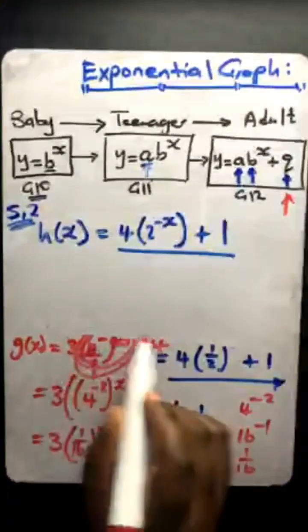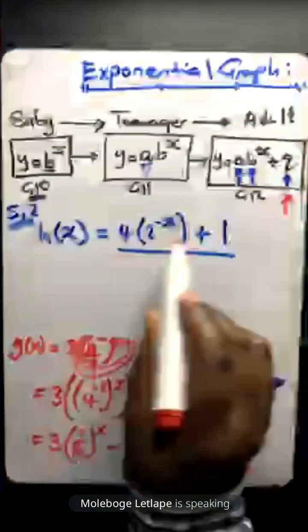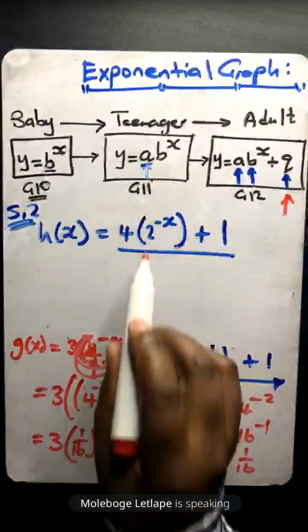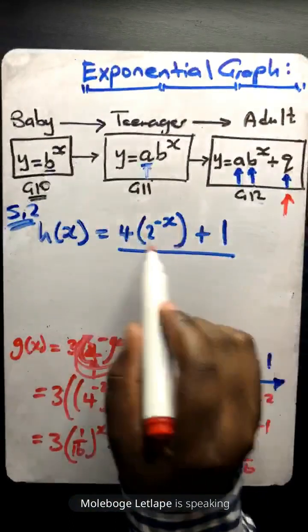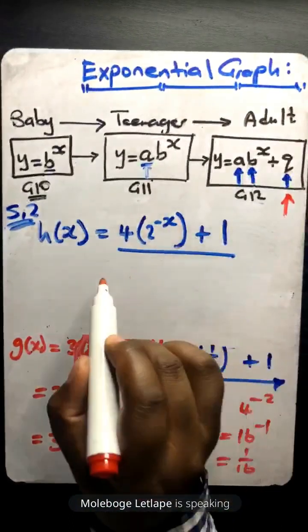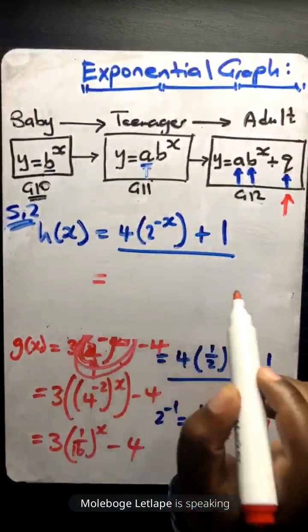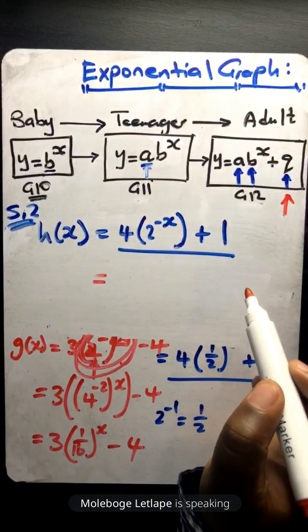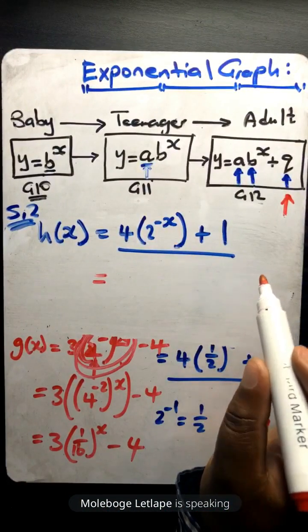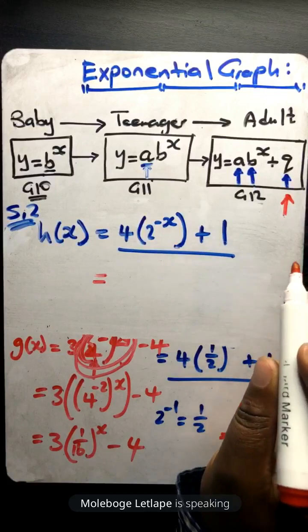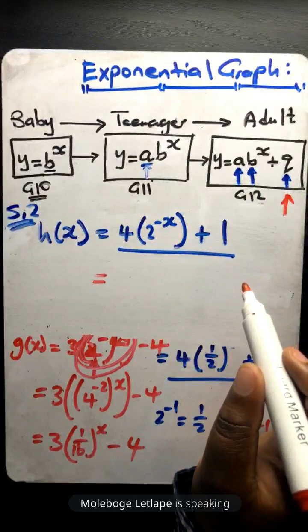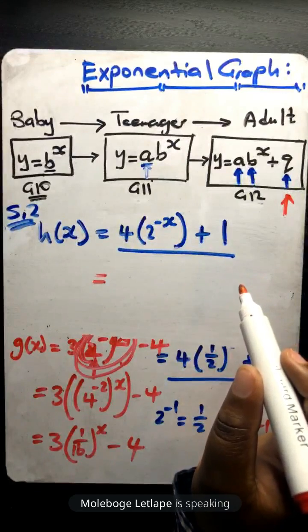This one? I'm referring to the top one, the 4 bracket 2 to the exponent negative x. I'm saying let's give them values. You said we must tell you the A value, the B value, the Q value. So I'm now asking, I think I'm confused. What is our A value now? Oh, okay.